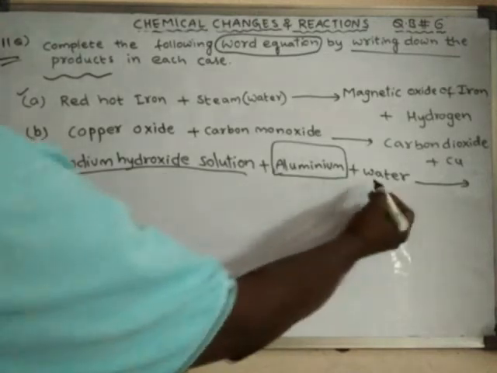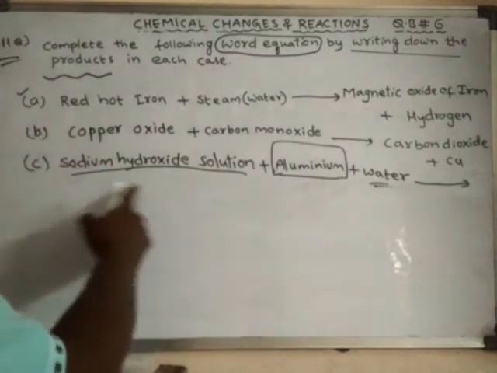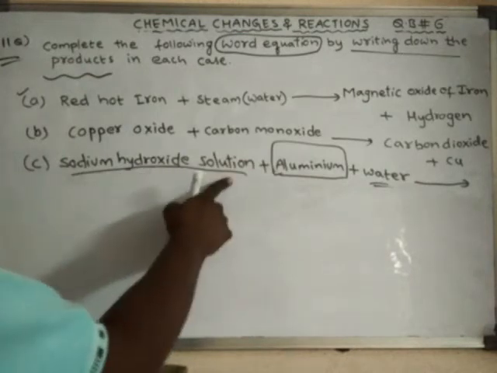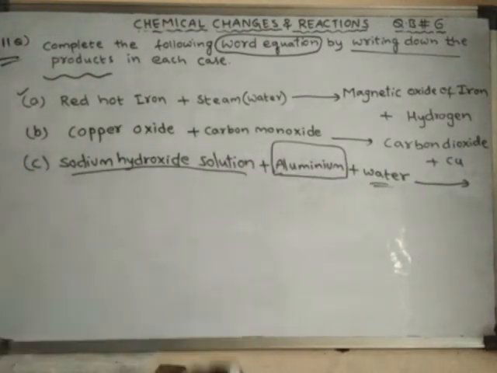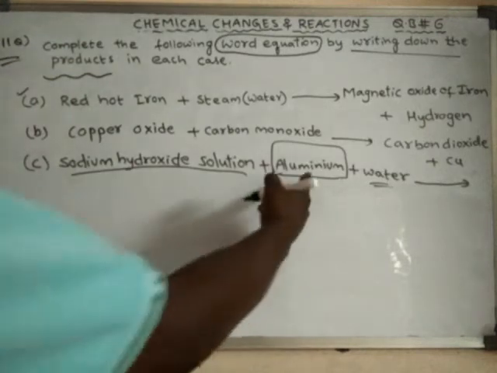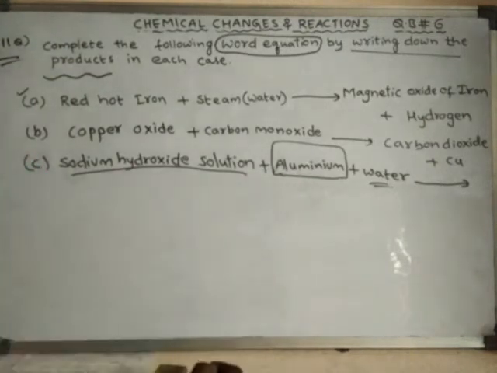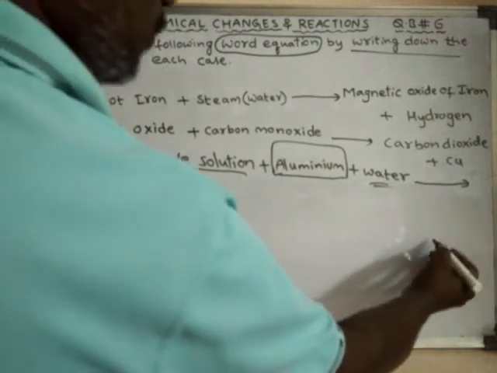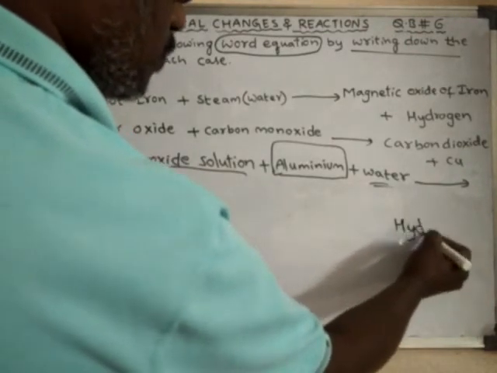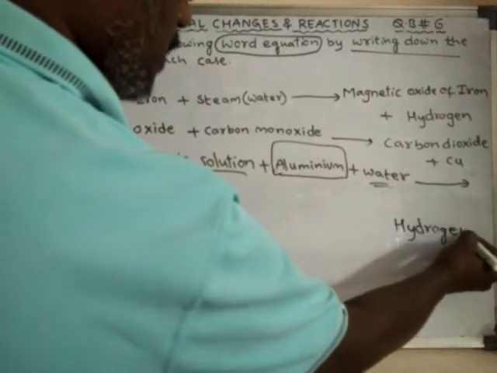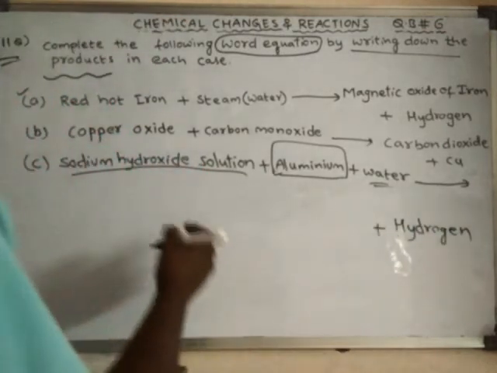Okay, so here this is an aqueous solution. Water is present. So, an aqueous solution of sodium hydroxide. When aluminum metal is added to an aqueous solution of sodium hydroxide, what happens? This will liberate hydrogen gas. Hydrogen gas is liberated, and what is left over?